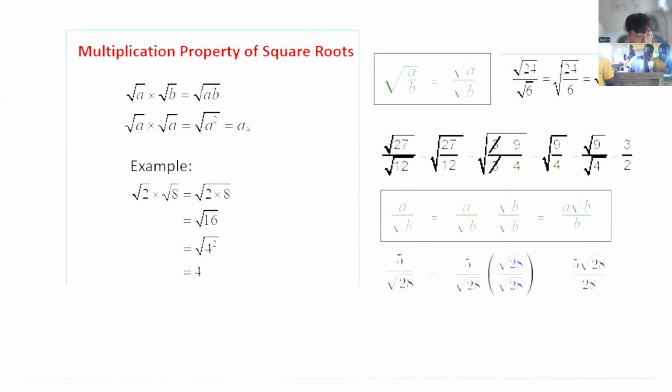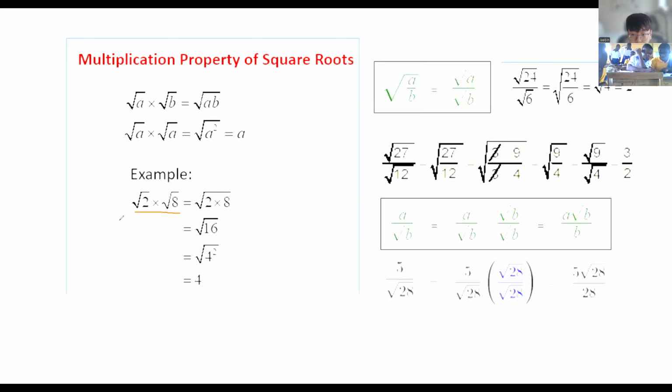That's equal to the square root of A squared, right? Which is A simply. For example, square root of 2 times square root of 8 is square root of 16, which is 4 squared, which is equal to 4.